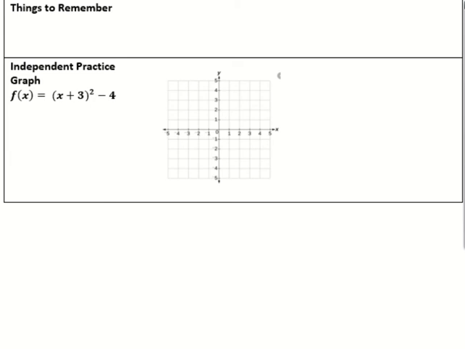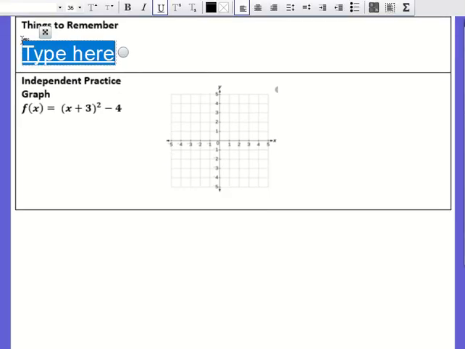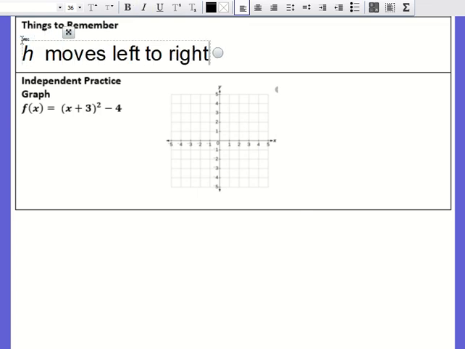All right, so the main things to remember is that h moves it left to right, and it's always the opposite of what's in the parentheses, okay? h, I'm going to put lowercase h, italicized h. h moves left to right, opposite of listed, or however you want to put that for you.